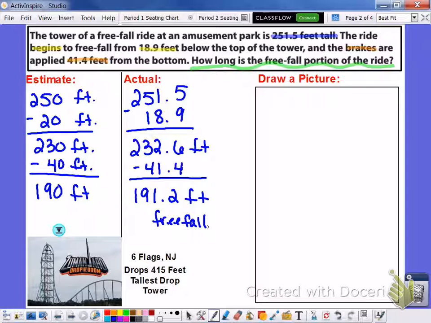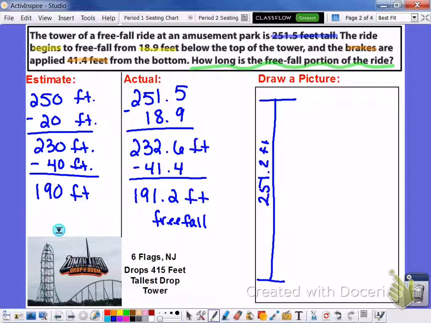Now keep in mind another strategy. Sometimes it helps to draw a picture if you don't know where to start. So if I think about the entire structure, it is 251.5 feet.